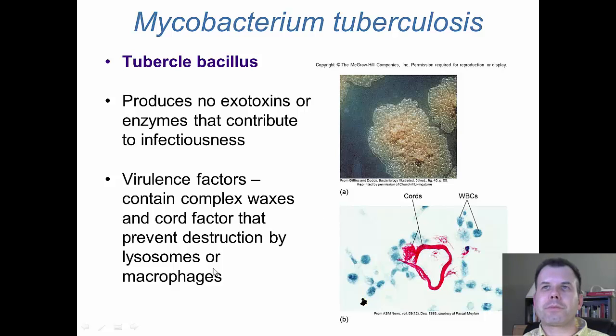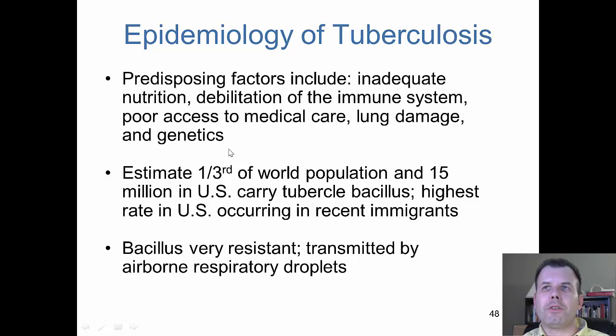Okay. So what is the epidemiology of tuberculosis? Well, again, predisposing factors include inadequate nutrition, debilitation of the immune system, poor access to medical care, lung damage, and genetics. Typically we don't see many naturalized citizens get TB unless they're with someone that has it. Where we're seeing a lot of the infections is in immunocompromised people that have HIV or AIDS, and the other place is in immigrants that come from areas that are endemic.